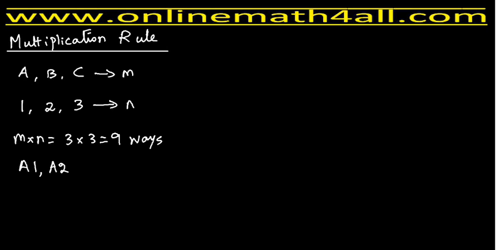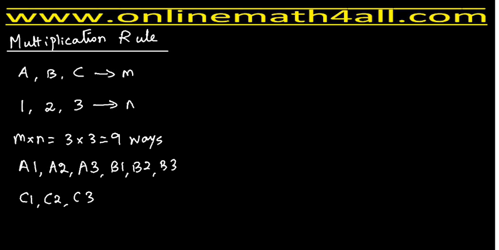So A2 is the second way. And again he goes to school in the bus A and he comes back from the school in taxi number 3. So this is one way. In the same manner we have B1, B2, B3, and C1, C2, C3. So in this way we get 9 ways to go to school and come back from the school.